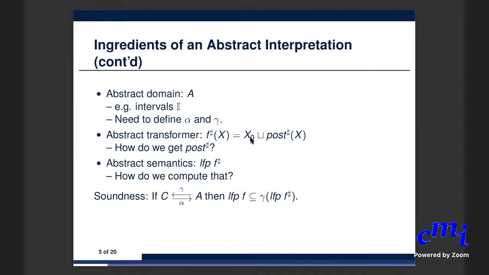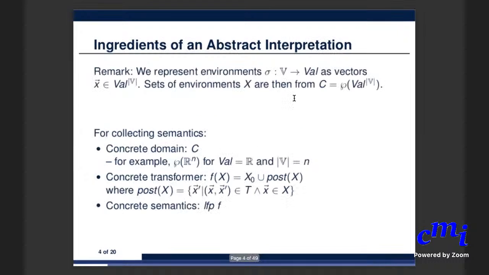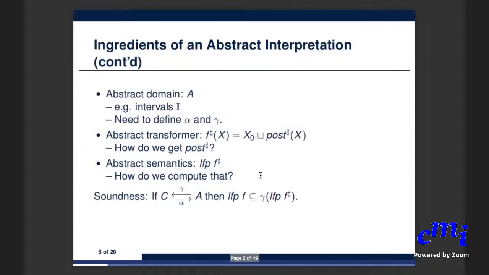You will have to now abstract that as well. So here I am assuming that X is ranging over a set of abstract elements, and X naught hash is the abstraction of that X naught. So there should be a hash, strictly speaking, here.